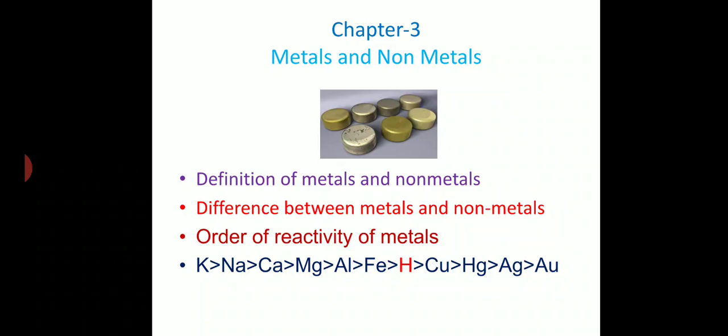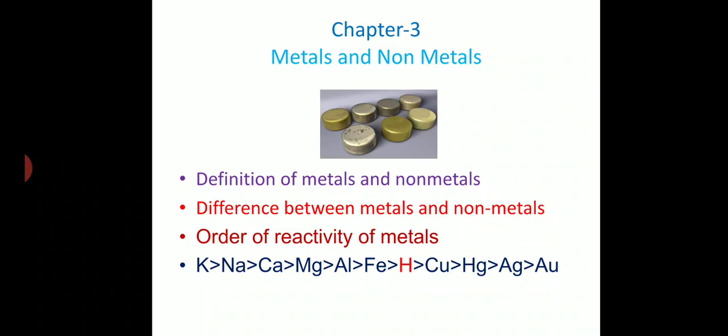So now, the order of reactivity of metals. It is categorized on the basis of the reaction of metals with water, hot water, steam, and acids. On the basis of reactivity, metals are arranged in what is known as the reactivity series of metals. In the reactivity series, hydrogen is placed.